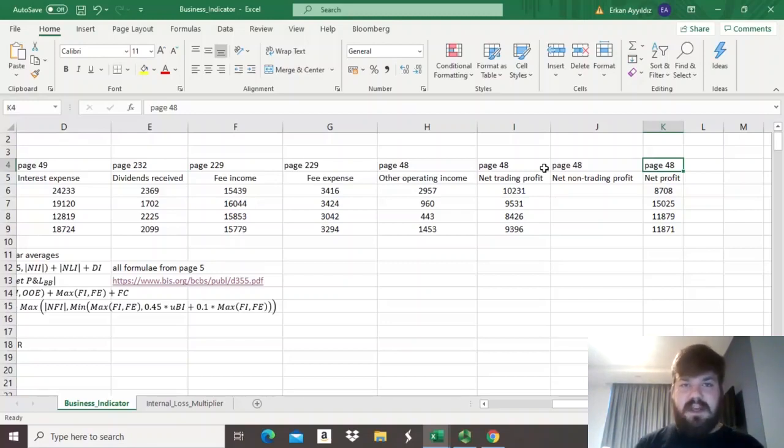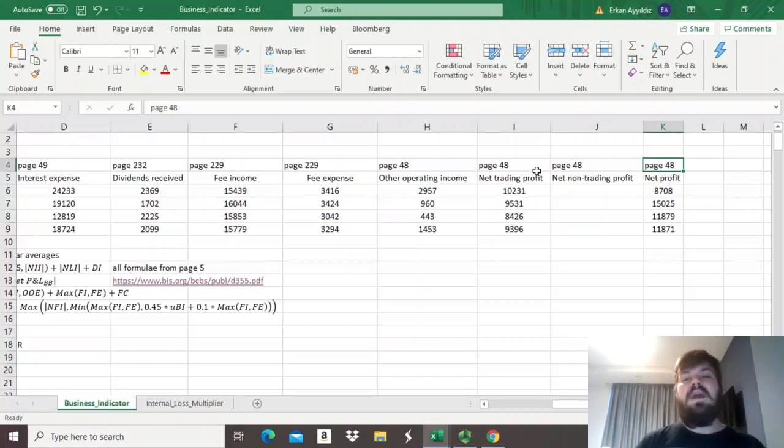Because, as Basel suggests, the definition of the trading book, and therefore the profit from the trading book, is very narrow. So you could just find out the net profit of the trading book, and then reverse engineer the net profit of the banking book by just defining it as all profit that's not from trading activities.